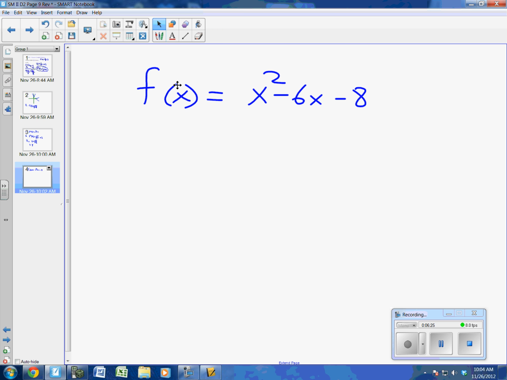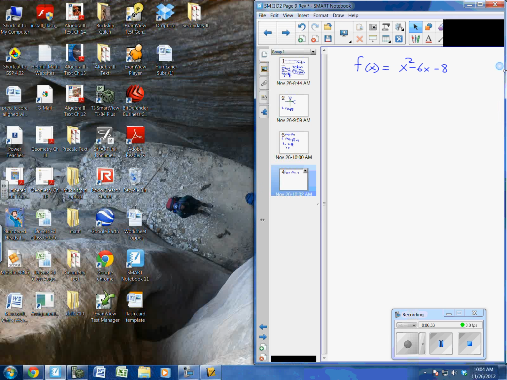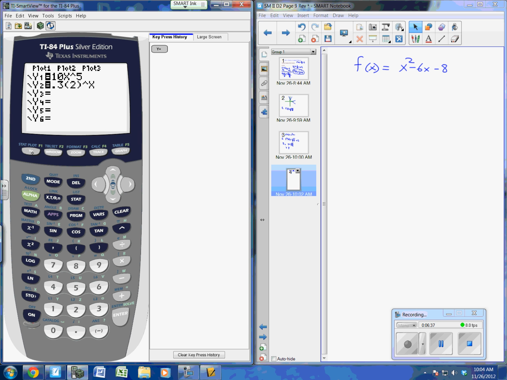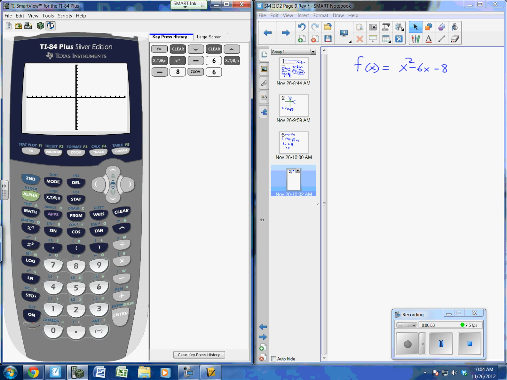Okay, let's graph that, and I want everybody to put that in your calculator right now. Put that in your calculator to get x squared minus 6x minus 8, and hit zoom 6 so you get a standard window.